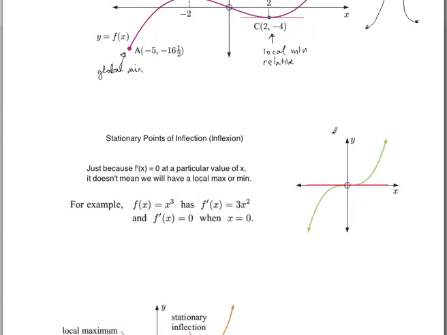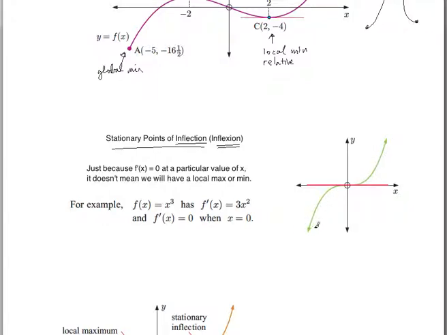So what is a stationary point of inflection? There are 2 ways of spelling this, by the way. This one I think is a little bit more British or European, maybe Australian. I'm not sure, but this is the more American way of spelling it. A point of inflection is a point that has a derivative equal to 0 at that point, but it's not either a maximum or minimum, and it looks like this.